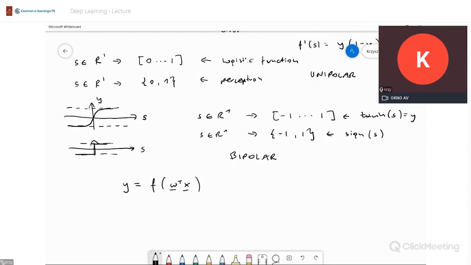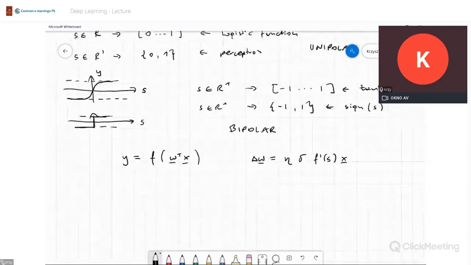And what is the most interesting about neurons is how to update its weights using examples. So once again, I will write this delta rule, because these two equations basically summarize everything that is really important about a neuron.